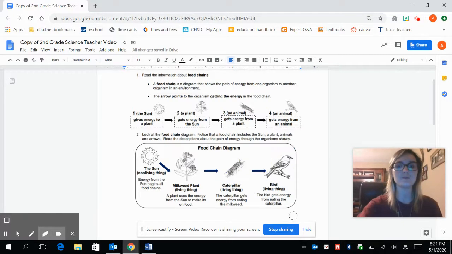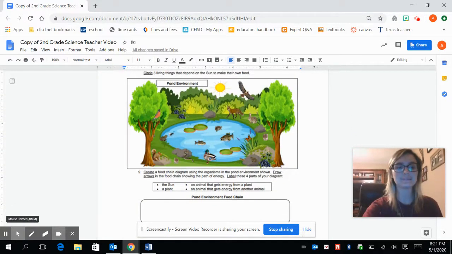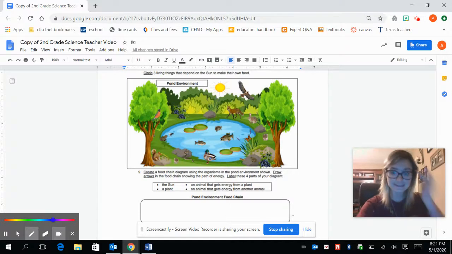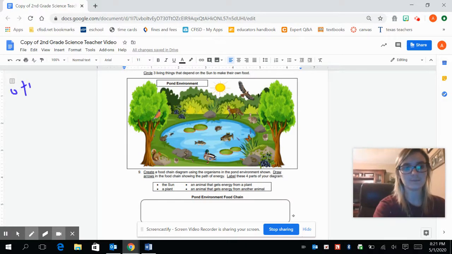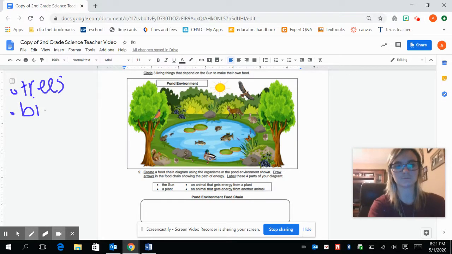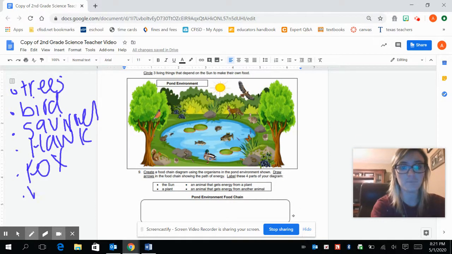We are going to move down and look at this environment. So this is a pond environment, very similar to the one we looked at last week. Okay, we have trees and we have a bird. What do you see? I see a squirrel and a hawk, a fox, a bunny.